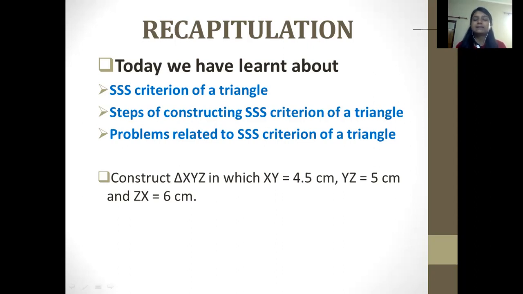Then we did the steps of constructing the SSS criteria of a triangle. From the basic one, we first draw the length of a base, then construct one length, then another length, and cut the arcs at some point. That point would construct the triangle. Okay, so this is what we have done.